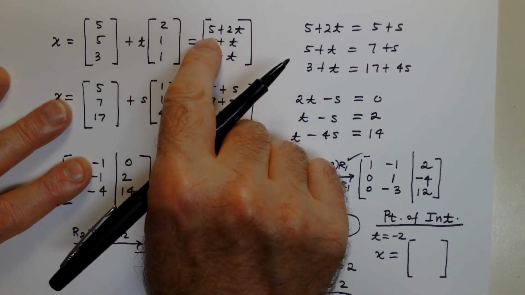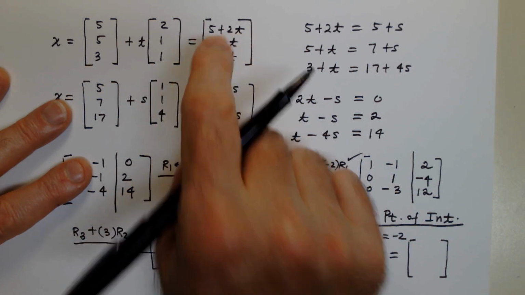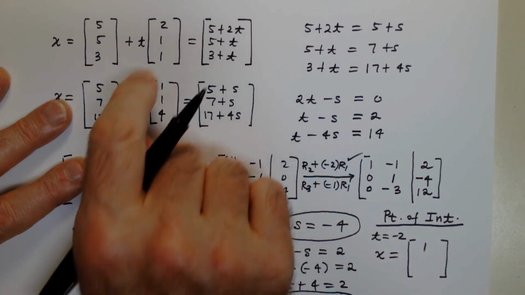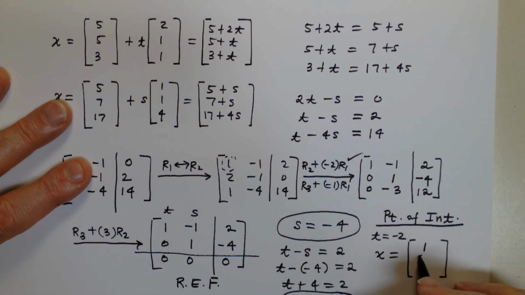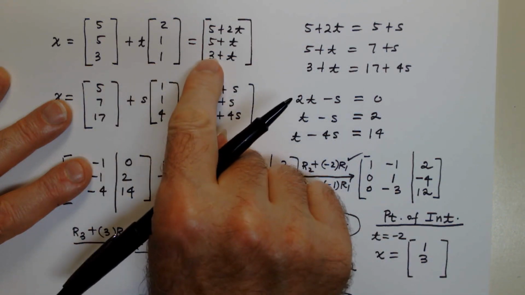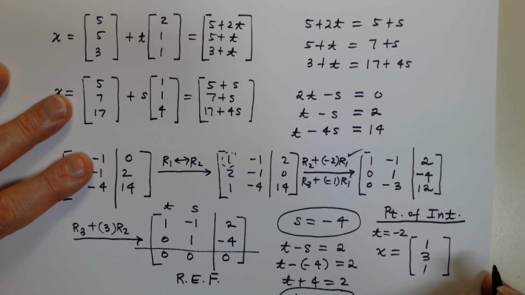So when I plug in negative 2, I'll have 5 plus 2 times negative 2, so 5 minus 4, so that'll be 1. 5 plus negative 2 is going to be 3. And 3 plus negative 2 is going to be 1. So there's our point of intersection.